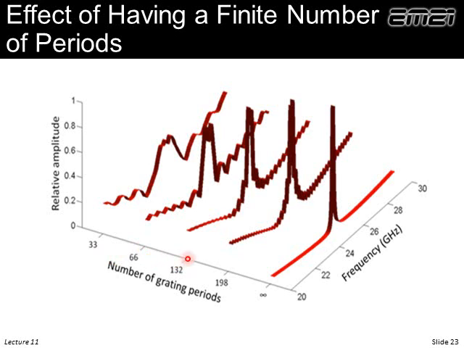Well, as we add periods, we get to about 200 periods, we start seeing something that I think could approximate the response of an infinite device. So the conclusion is here, we need many dozens or sometimes many hundreds of periods in order for a guided mode resonance filter to behave like a guided mode resonance filter.